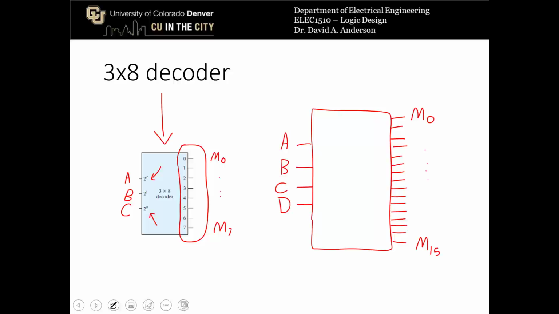So obviously minterm 0 inside the decoder subblock would be A prime, B prime, C prime, D prime, and you would have one circuit for each minterm all the way up to minterm 15 being A, B, C, D.